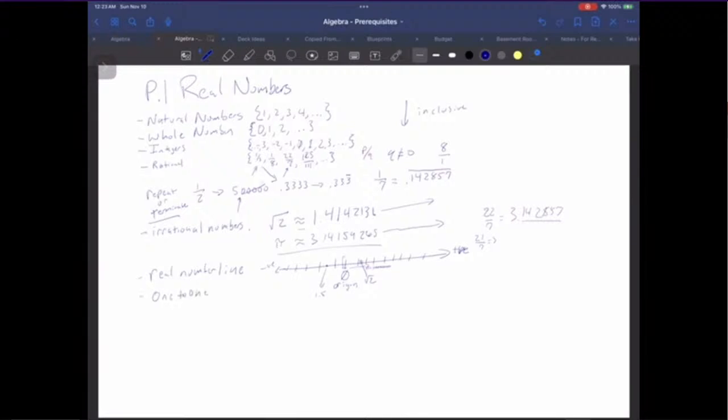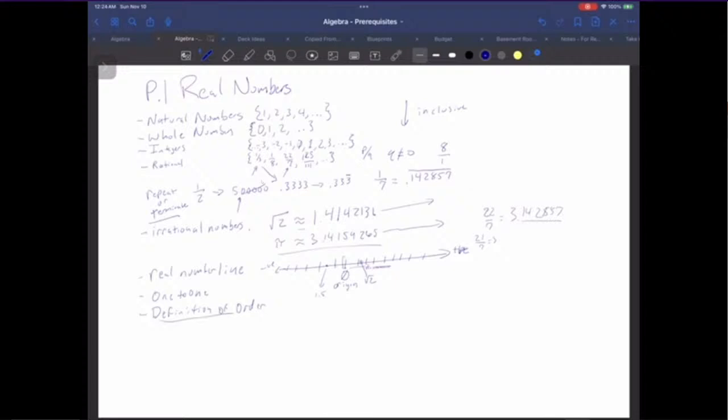Okay, so the reason that we use a line is because a very important property of the numbers is that they are ordered. So the line allows us to define that order and then visually represent certain things about order. So we have a definition here, definition of order.